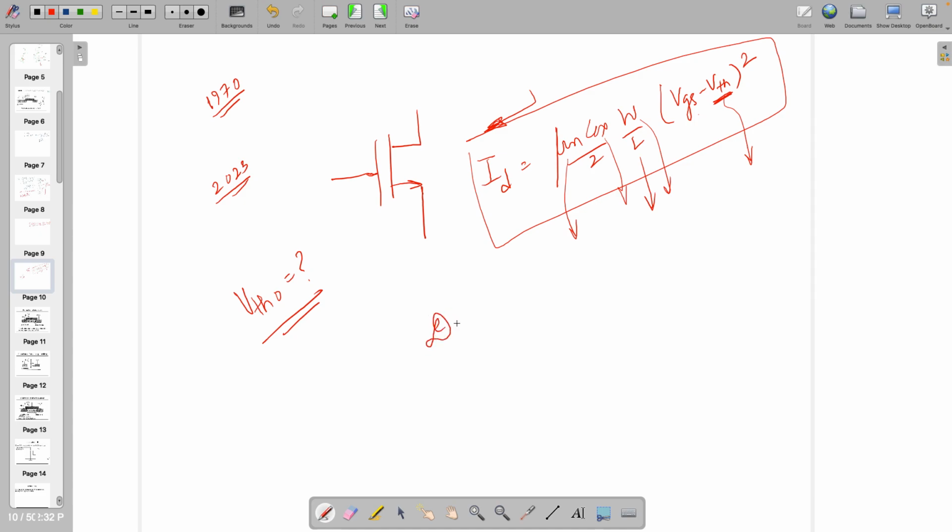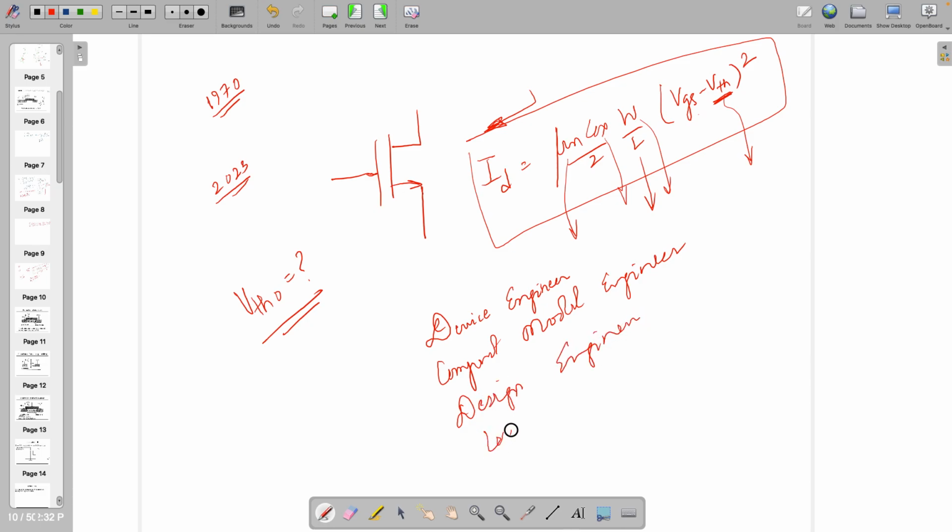One of them is the device engineer, the compact model engineer, maybe the design engineer, the layout engineer, maybe front end and so on, like verification, and the people will be there.